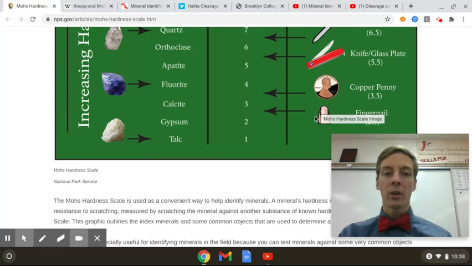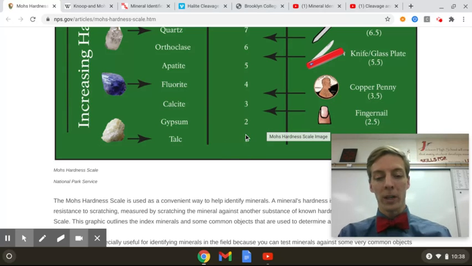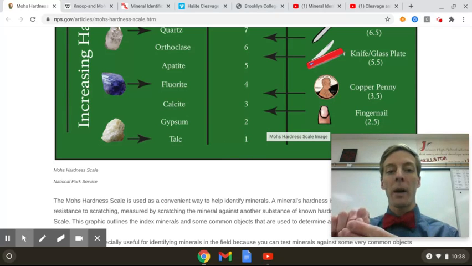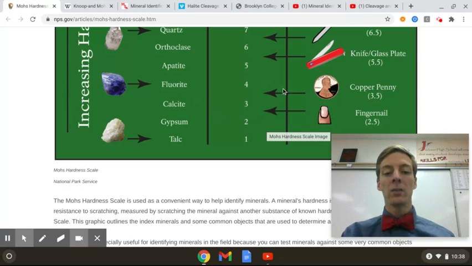So if you could take your fingernail and scratch a rock, then that rock has to be softer than your fingernail. So it's a 2 or a 1. Conversely, if you take a rock and it scratches the back of your fingernail, then the rock is mineral, not rock. The mineral is harder than your fingernail and it would be above this.